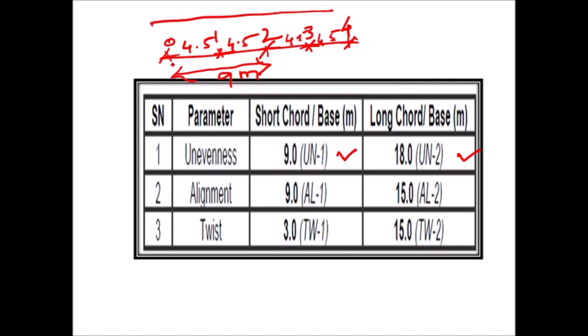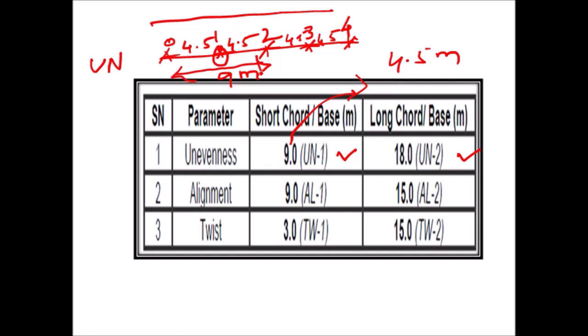So what does this mean? What does this short chord length mean? Let us say you have a track like this, and you have marked points like 0, 1, 2, 3, 4, and the distance between them was half of this chord length, that is 4.5 meters. So 4.5 meter, 4.5 meter, 4.5 meter, we have marked the points. Now I want to find out unevenness over these points.